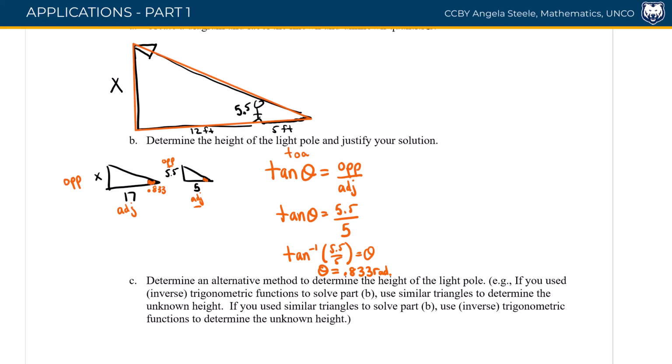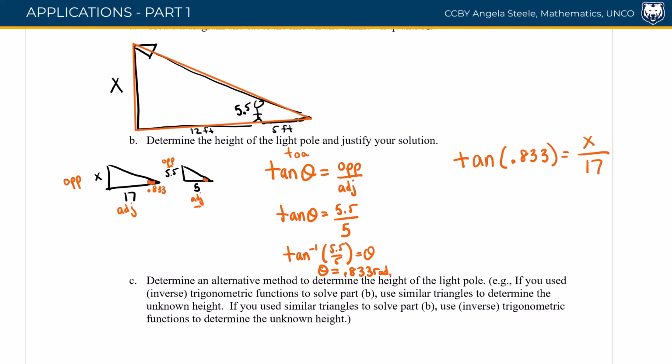So we can continue using the tangent function, but this time on the larger triangle: tangent of 0.833 equals the opposite, which is our unknown x, over 17, which is the adjacent.